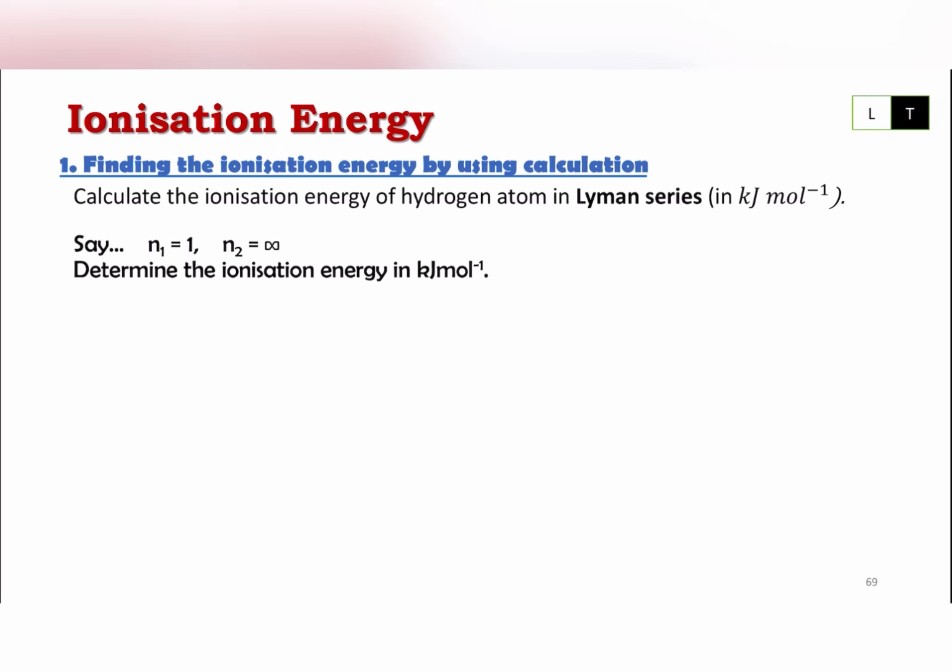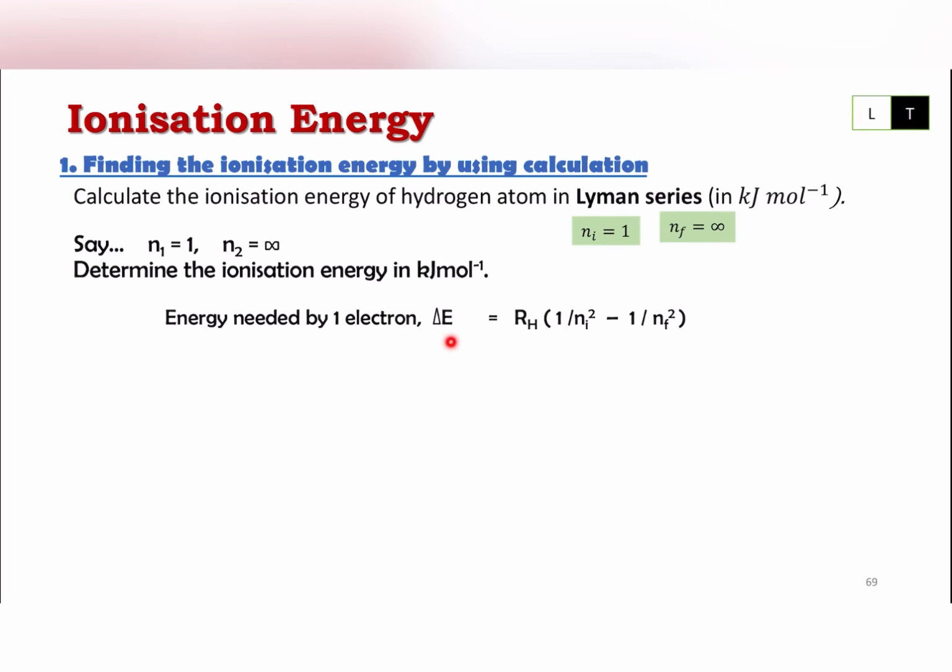Based on the Lyman series, n initial, which is your ground state, is equal to 1, and n final, which is the higher energy level, is infinity. So let's determine the energy needed for 1 electron.